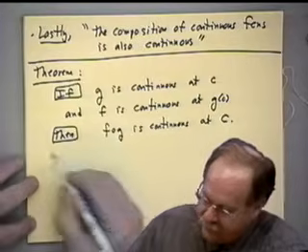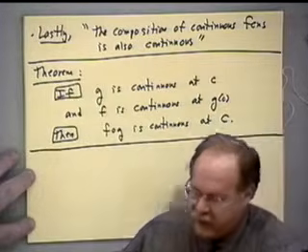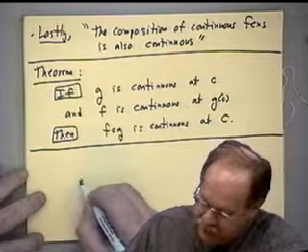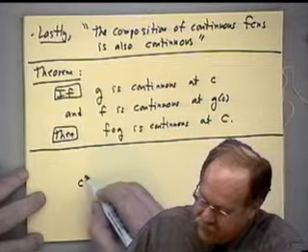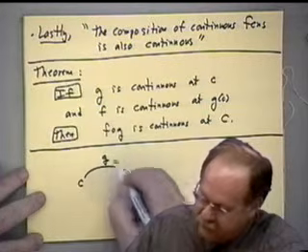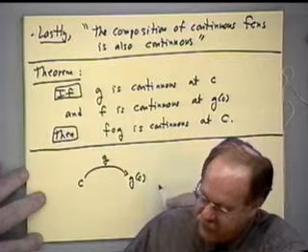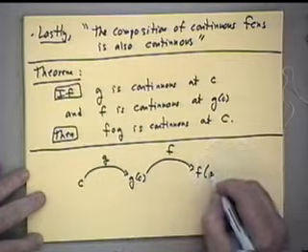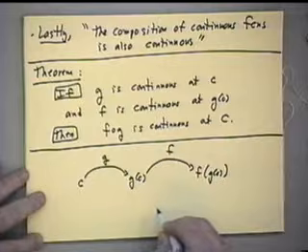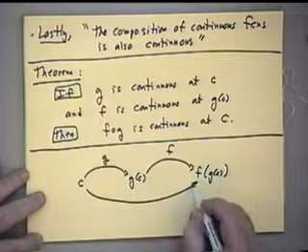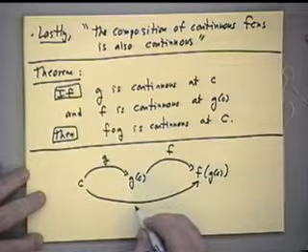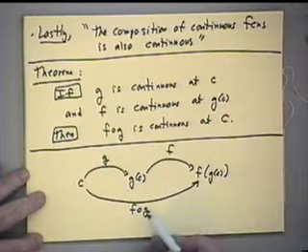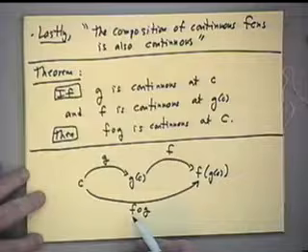Now, if you look at the picture that illustrates the composition of these two functions, you'll see what happens. If you start with c and you first apply g to it, you end up, of course, with g of c. If you next apply f to it, you end up with f of g of c. And if you call that entire operation a single function, that's what we call f composed with g. g on the right is the first thing that's done, and then f follows.